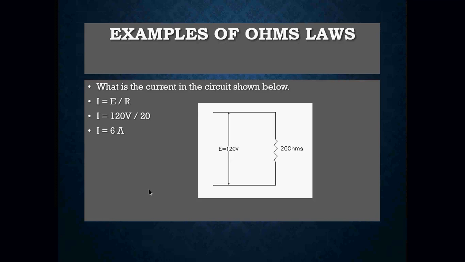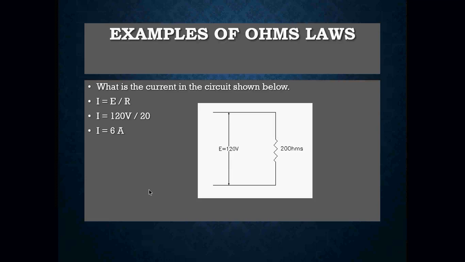So here's an example of Ohm's Law. We have a simple circuit here where we have 120 volts, and we're dealing with a 20 ohm resistor, or a 20 ohm load. Okay, so what we want to find is what current this particular circuit can deal with.